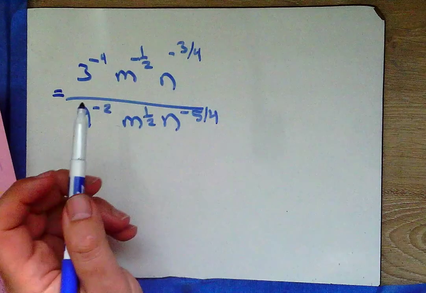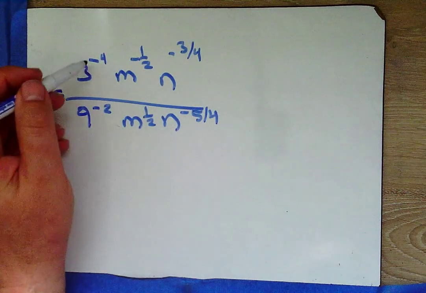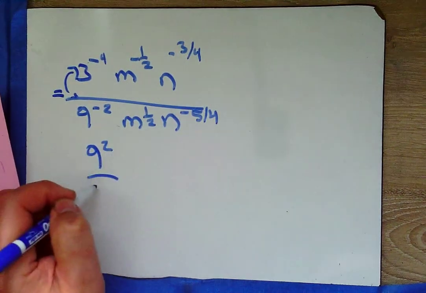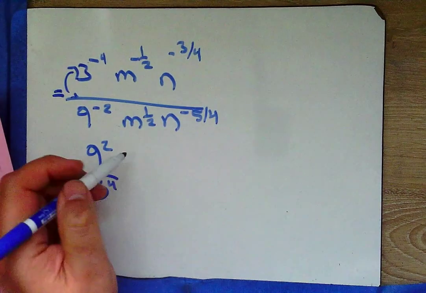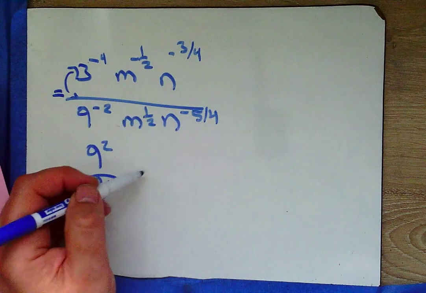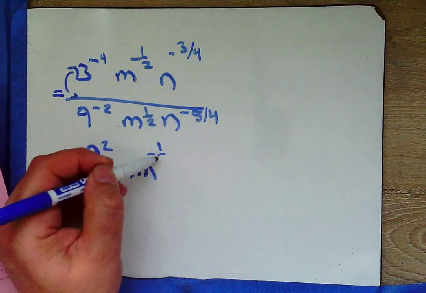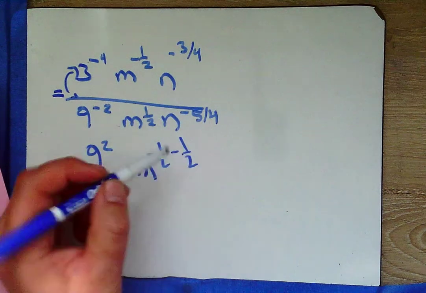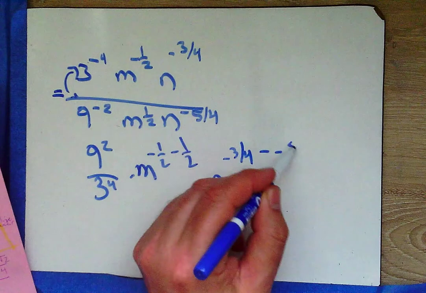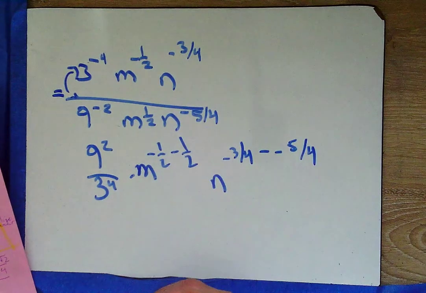Welcome back. So, these students like to move, and they like to move all these negative ones also. But I'm just going to do negative 1/2 minus 1/2 and n to the minus 3/4 minus a minus 5/4.